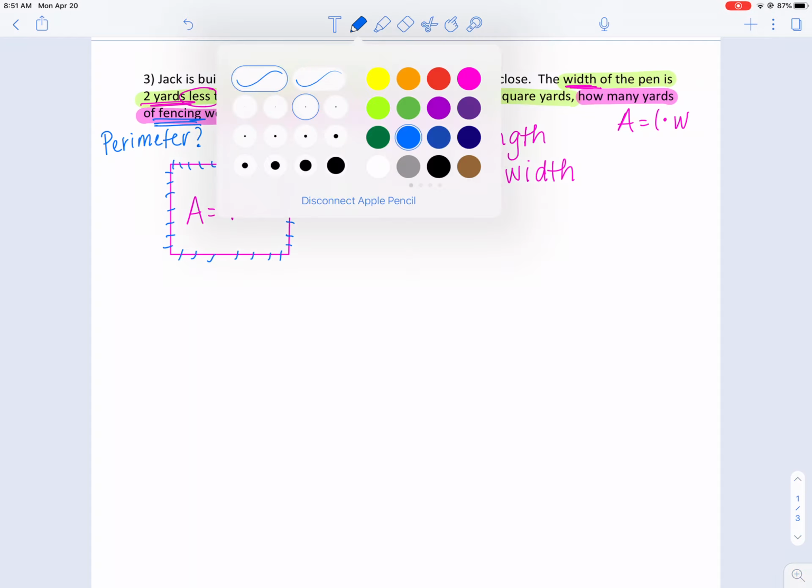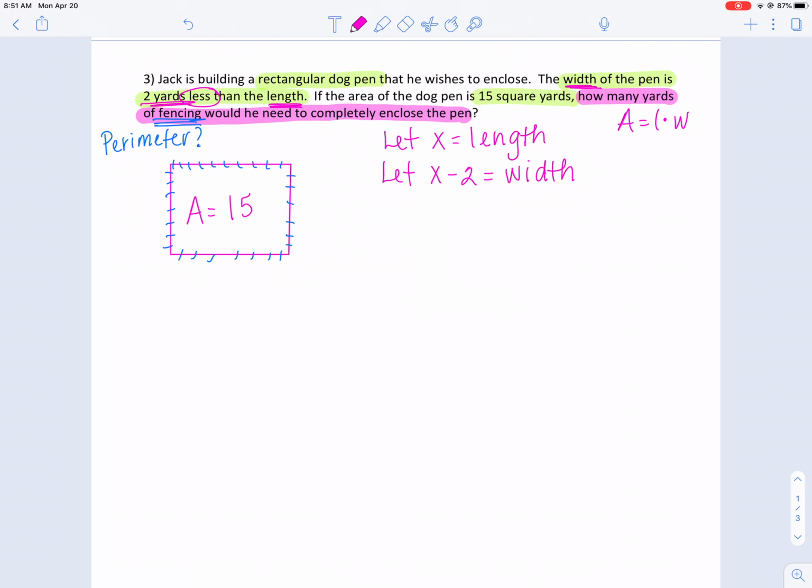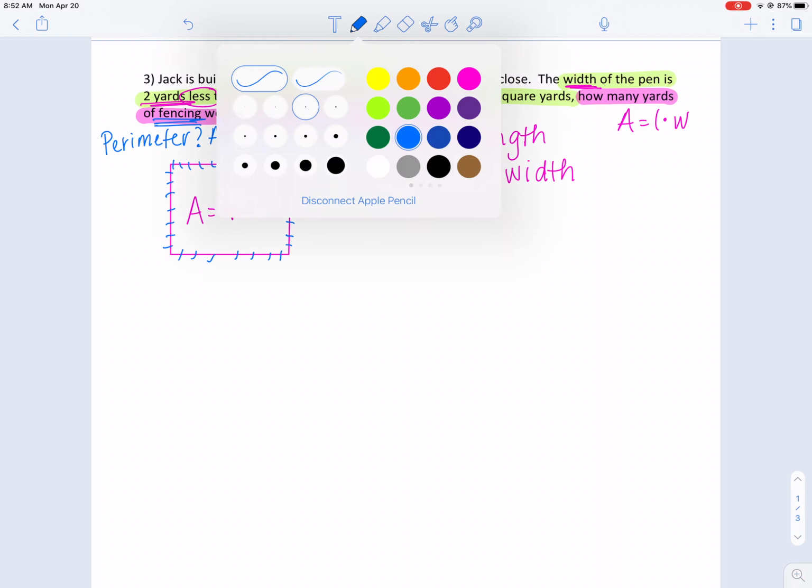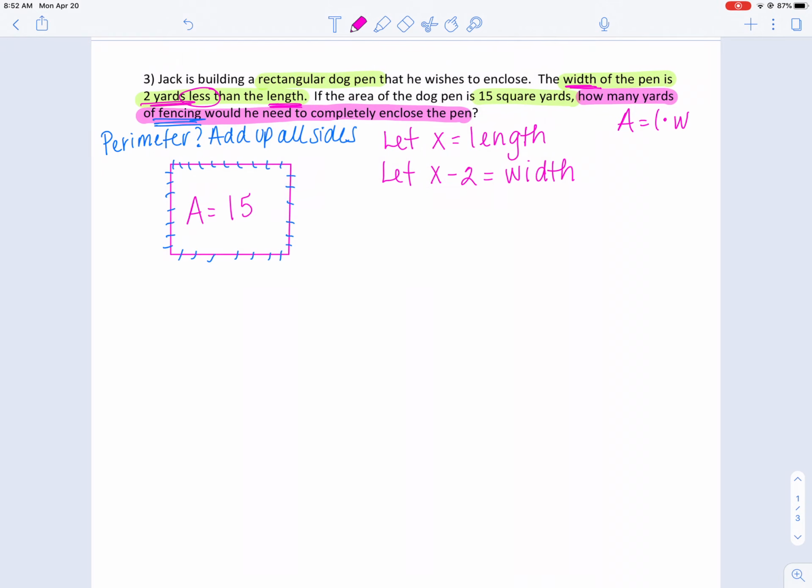So in order to get the perimeter, we're going to have to solve for x and add up all the sides. To get perimeter, we add up all sides. Okay, so if I know the area is 15, I know that my length times my width is equal to 15.